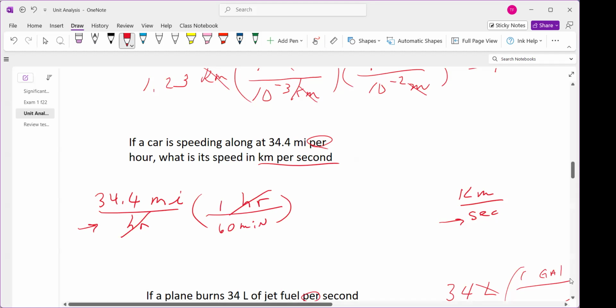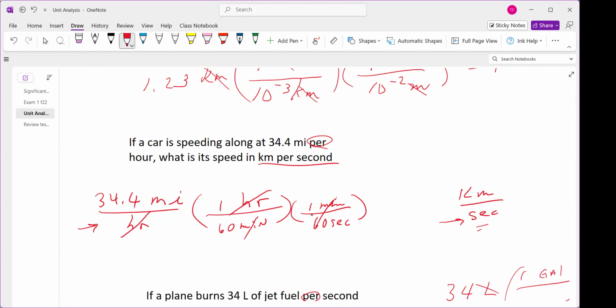Now we have minutes on the bottom, and we need to get to seconds. Okay, so the minutes cancel. Now we have seconds.